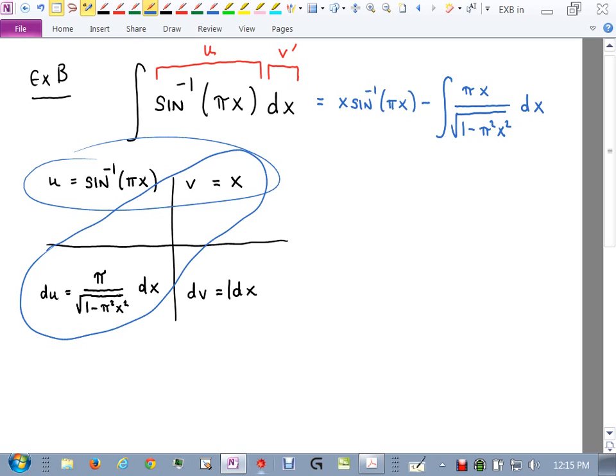The whole idea behind integration by parts is to make the integral easier. Is that integral easier? You can use substitution. How? Choose u as this whole thing, you're saying?